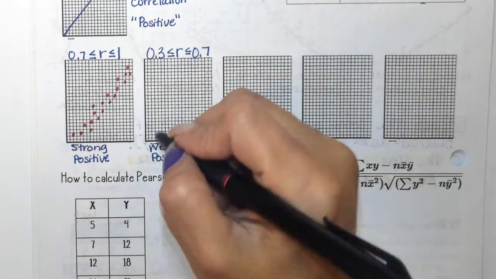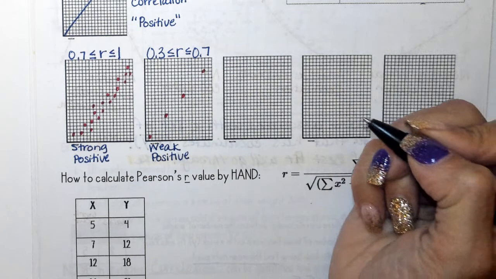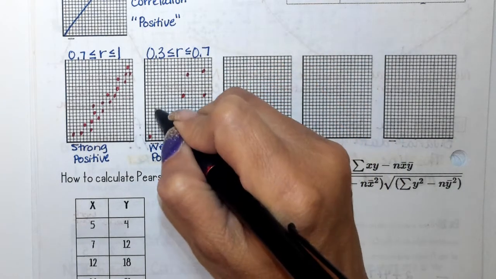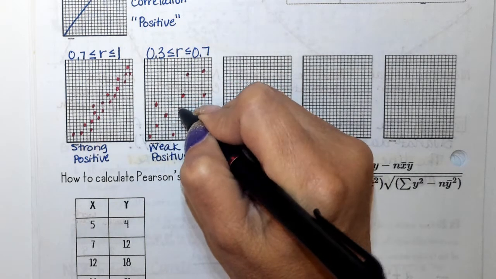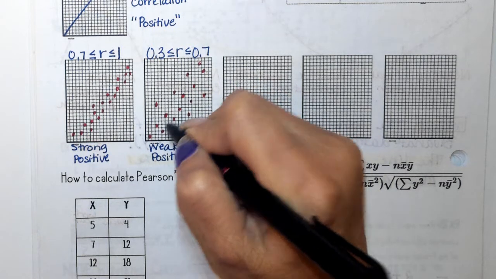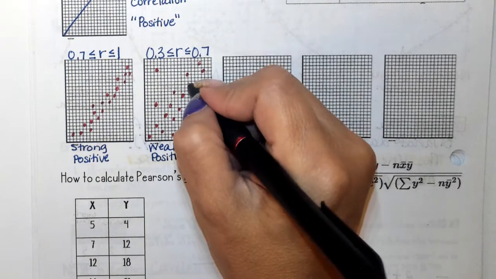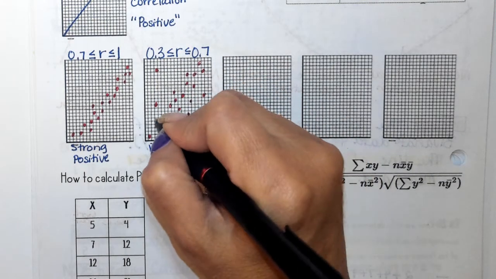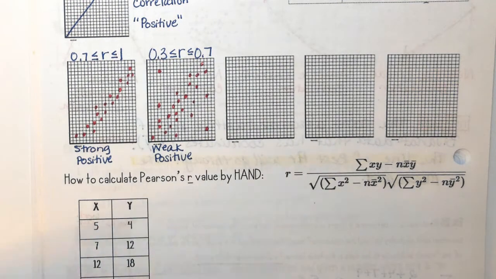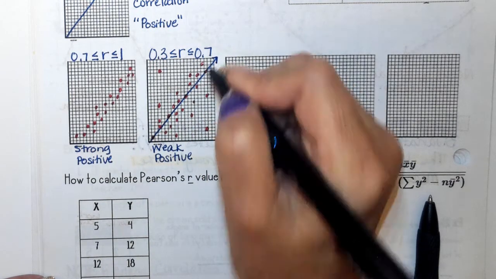Again, it's still positive, so I can still see that it's going up like this, but maybe the data is more spread out. You can still see that it's going up, and maybe these outliers out here throw it off a little bit. It's still going up. We can still see that. But the data is more spread out. And so if I were to draw the line through it, it might look something like that.